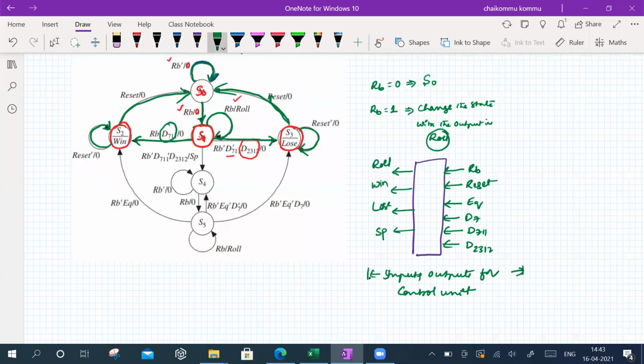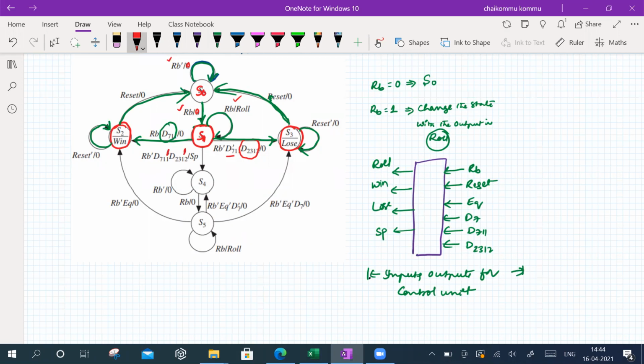What is the next one? The third step, what is the third step? We think about D711. There is also a small mistake here. If this condition is not there and this condition is also not there, D23 and 12 is also not there, so D711 is not there and D2311 is also not there.